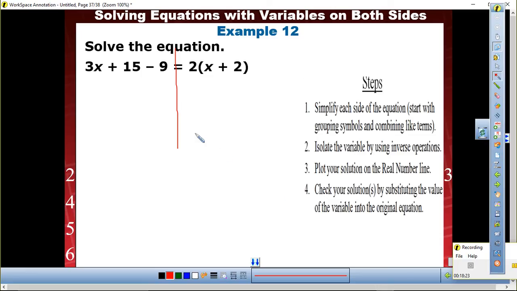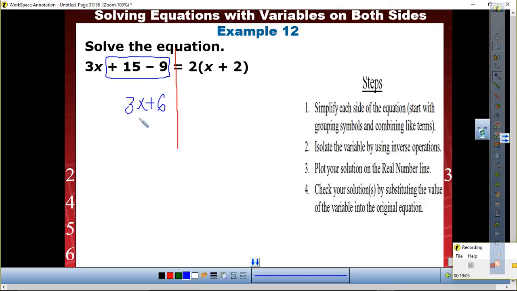Start me off with this one, Sky. What can I do to the left side of the equation? Combine 15 and negative 9. What does that give me? 6 positive, we bring down the 3x. Can we do anything else to this side, Sky?